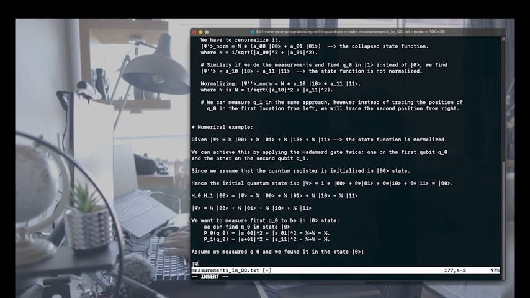And that's if we assume that we measure qubit 0 and find it in state 0, then the state psi will collapse and become the state psi prime, which will equal half times ket 00 plus half ket 01.